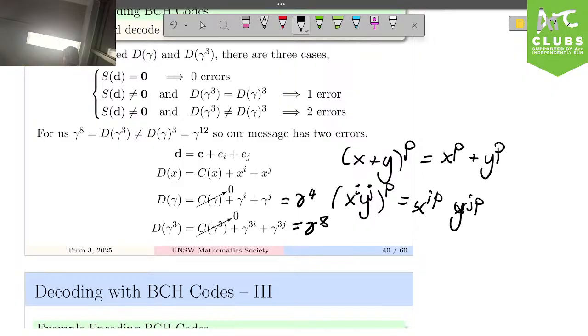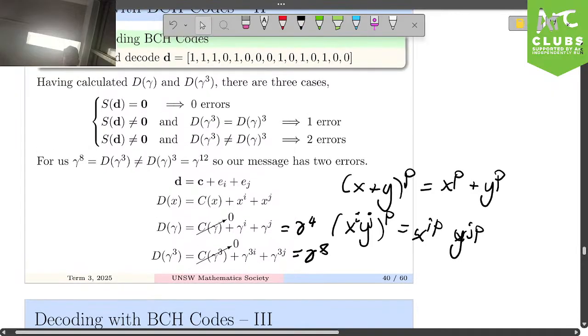Why are we doing the d of gamma cubed? Because it's not in the syndrome. We just calculated it. But why is that?